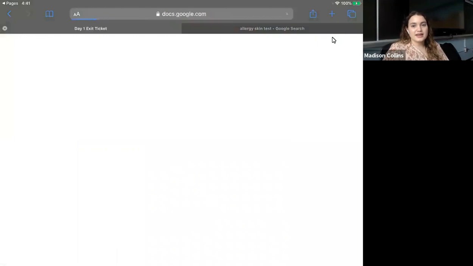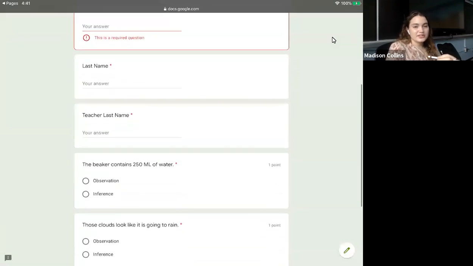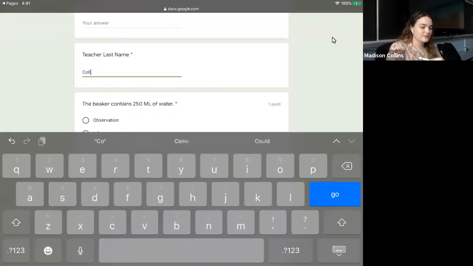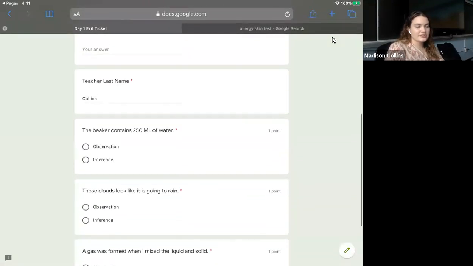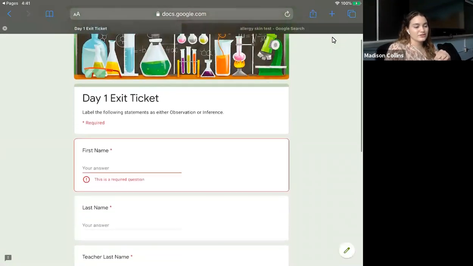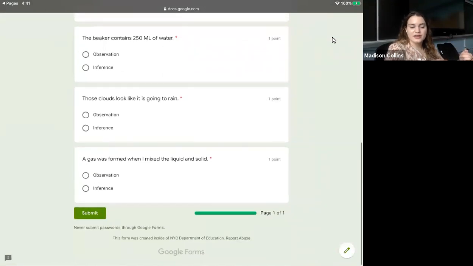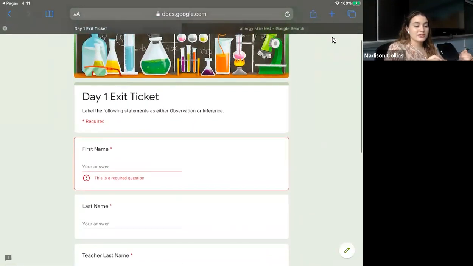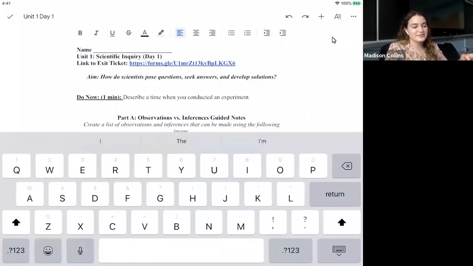All right, you're going to open that link and it will bring you to the day's exit ticket. You will then fill in your name, fill in teacher last name, so you'll put Collins. Okay, and then you will answer these 3 questions. Okay, this is going to count as your record of understanding for this lesson to make sure that there's nothing I need to reteach for the class, okay? So make sure that you submit this ASAP. You have to submit it before you come to class tomorrow. And if you have any questions about the lesson, please write them down and I will answer them.